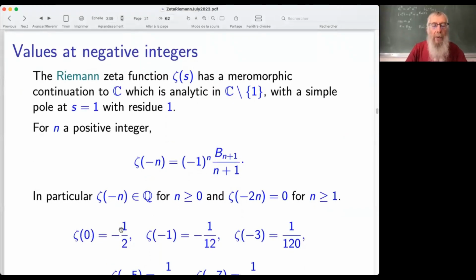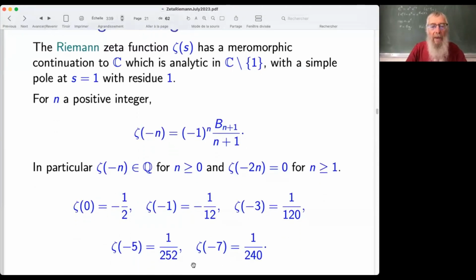So we have zeta of 0, which is -1/2, which comes from the first coefficient b1. When you take n equals 0, you have b1 here and (-1)^0. And then you have zeta of -1, which is -1 over 12, zeta of -3, which is -1 over 20.